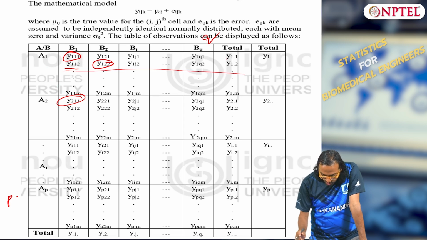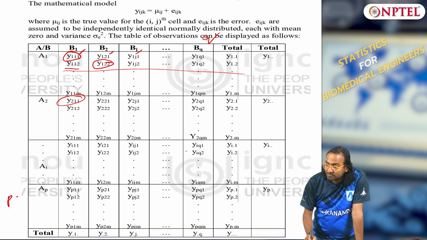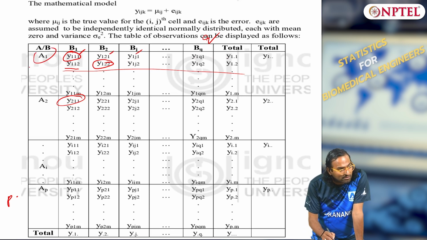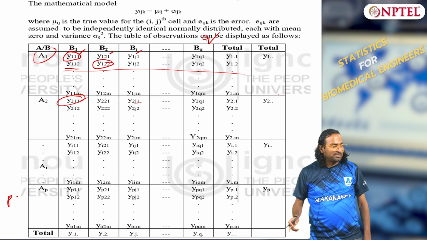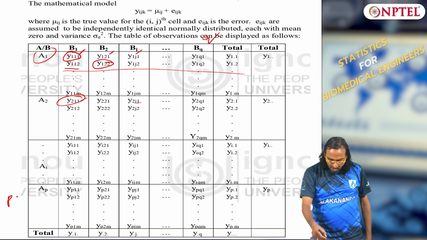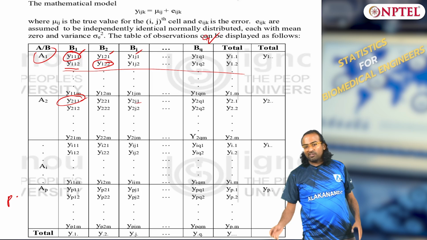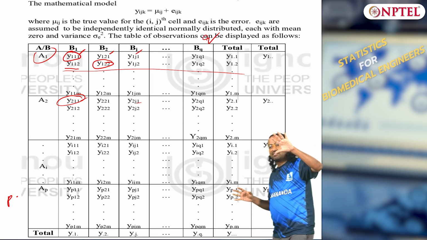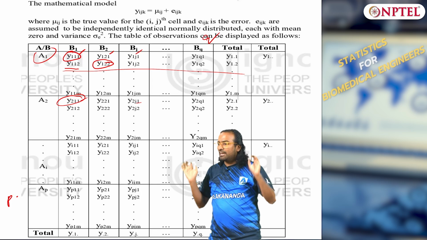If you go along the rows, the replicate is fixed: 1, 1, 1, all ones for A1, and for A2 and A3 again row-wise replications. If you go column-wise, then the B level is fixed. So in this table you have A's, B's and replication numbers as K.